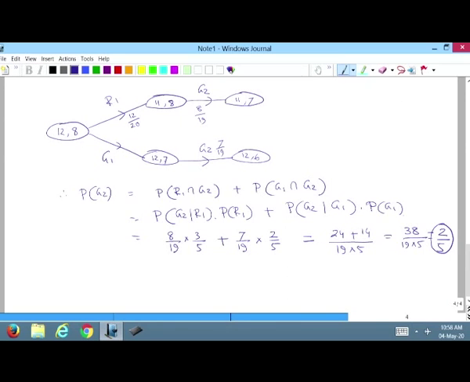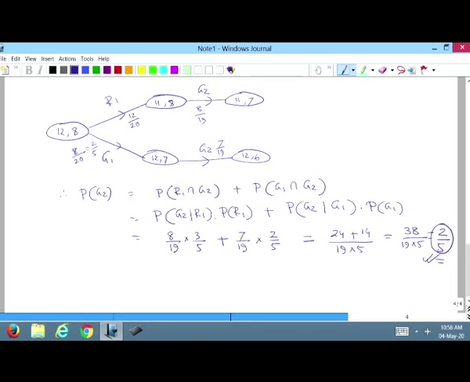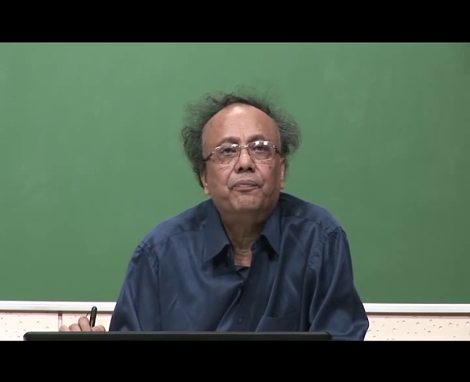So, that is a bit of a new result. We knew that the unconditional probability of the first ball drawn being green is 8 upon 20, which is 2 by 5, and now we get that the unconditional probability of drawing the second ball to be green is also 2 by 5.